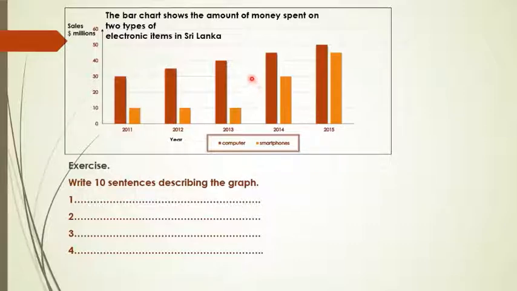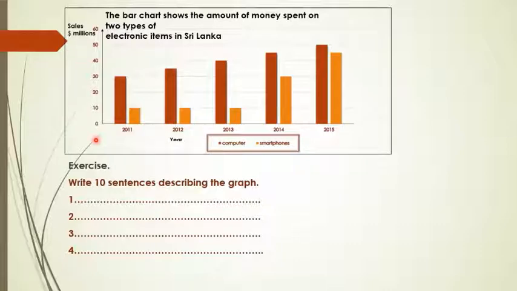So look at this chart. It is the same chart that you learned about. Now you have to take a paper. If you want, you can pause this video for a while. Take a paper and draw this chart in the paper.